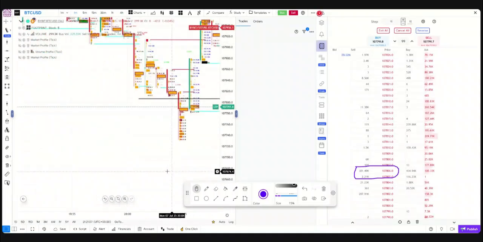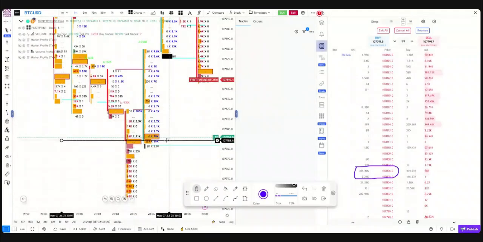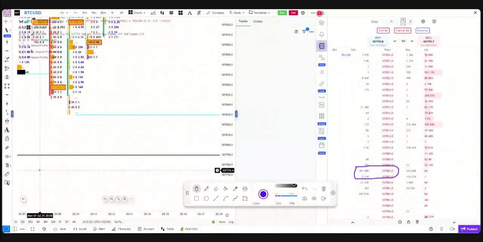So this is 107, 806. There are a lot of stacked imbalances. But the biggest one is here. The largest one is here. So we shall see what will happen.